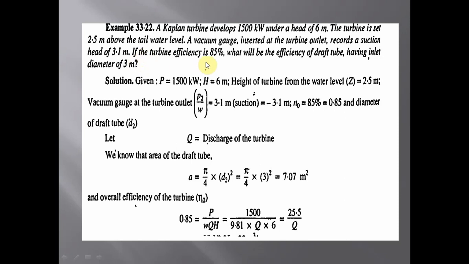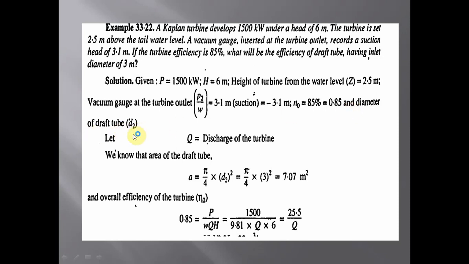If the turbine efficiency is 85%, what will be the efficiency of a draft tube having inlet diameter 3 meters? Given P is equal to 1500 kilowatts, H is 6 meters, height of turbine above the tail water level is 2.5 meters, vacuum gauge reading at the turbine outlet P2 upon W is 3.1 meters, and turbine efficiency is 85%, 0.85, and the diameter is 3 meters.